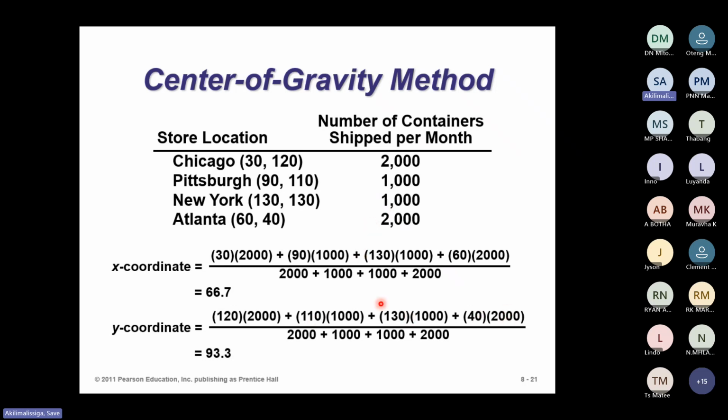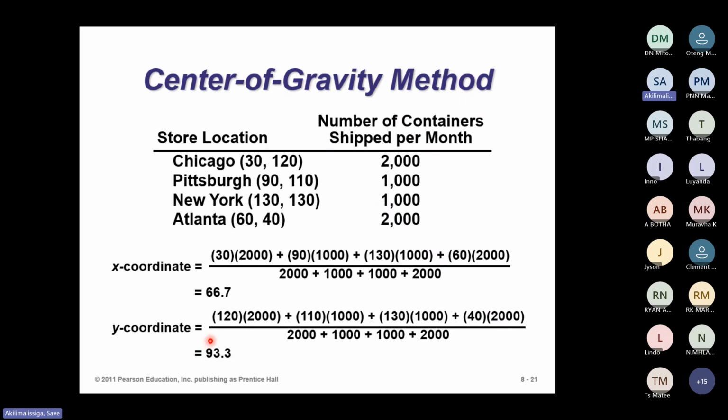And again, your denominator is the same thing we did in the x coordinate. So you sum up all the volumes, all the number of containers shipped. So here, you just punch everything in your calculator, and that is going to give you 93.3. So this is the y coordinate of the distribution center. So now you have the x coordinate and the y coordinate.